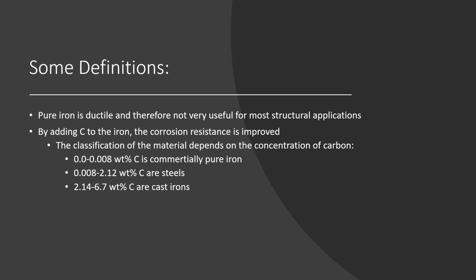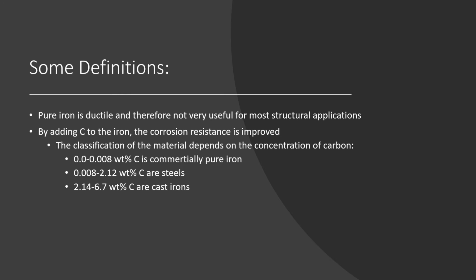Between 0.0 and 0.008% concentration is commercially pure iron. Between 0.008 and 2.12% carbon, those are called steels. Between 2.14 and 6.7% carbon, those are called cast irons.